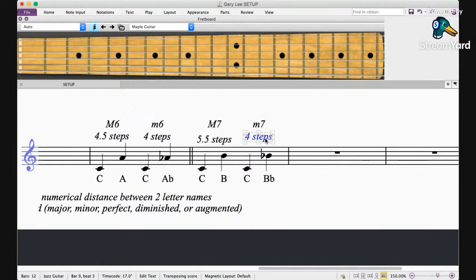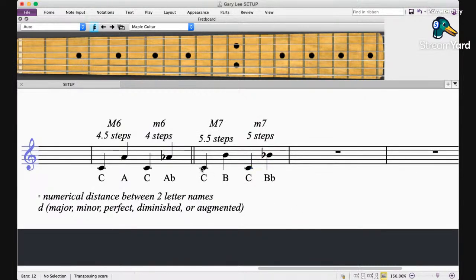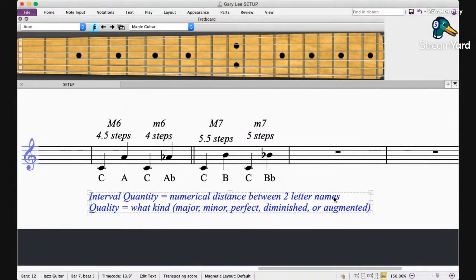And then this one will have to be 5 steps, C to B flat. So from C to B is a major seventh, and then from C to B flat is a minor seventh. So that's kind of an overview of how intervals work.